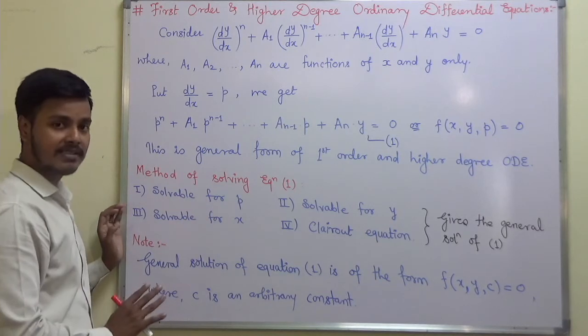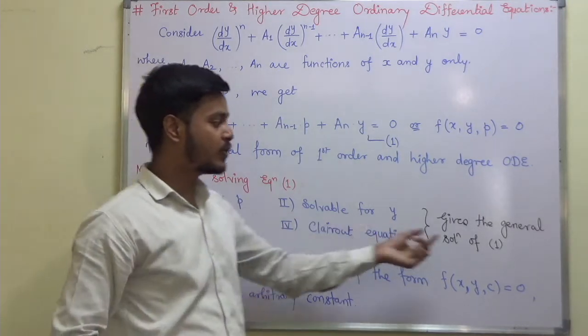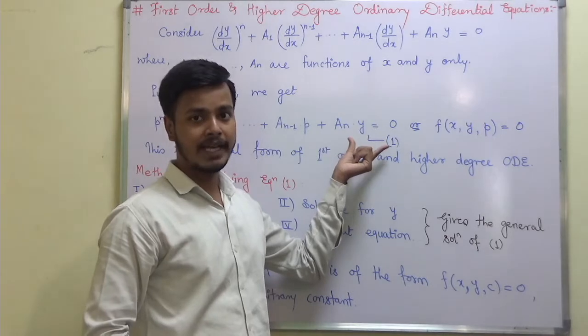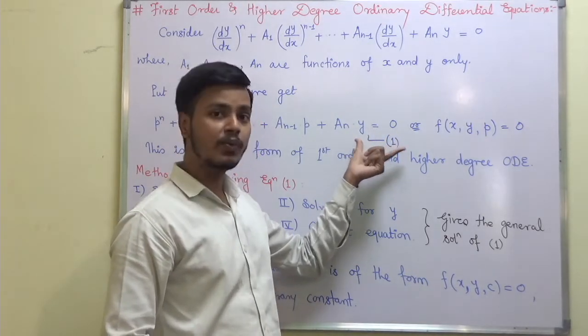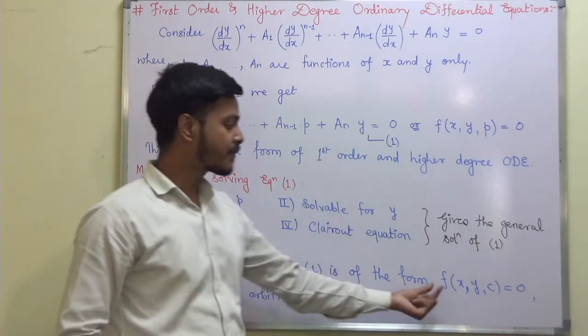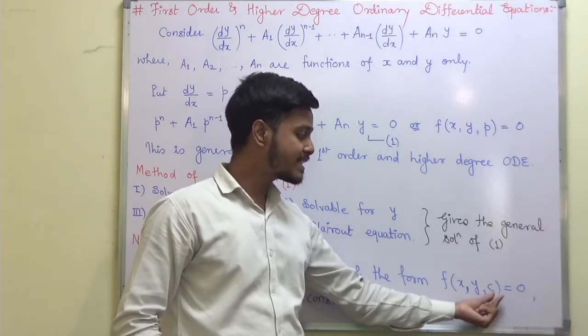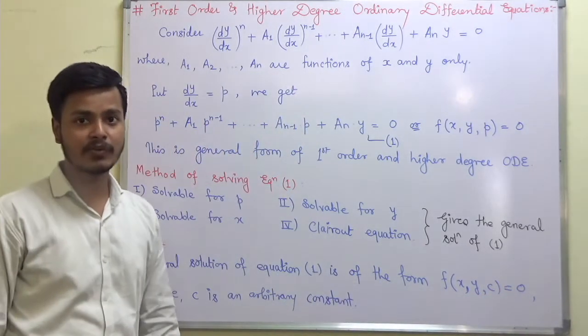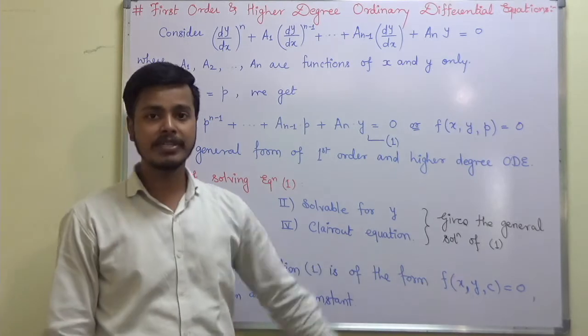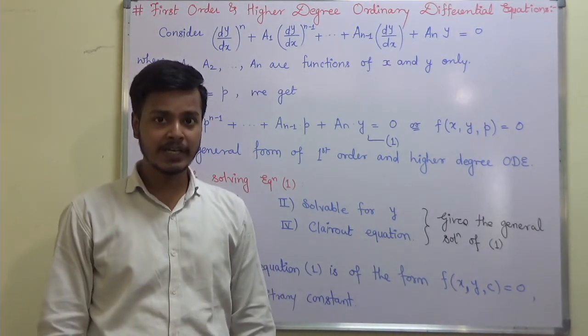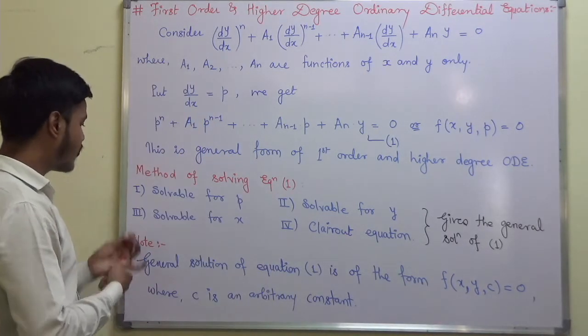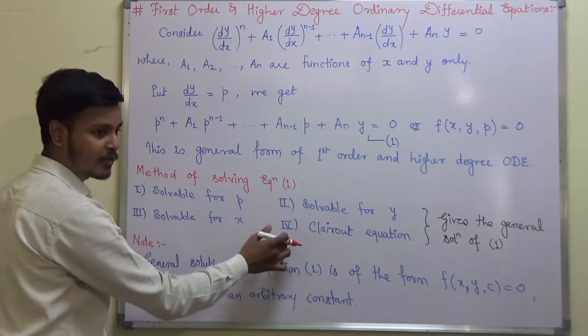These four methods give you the solution of equation 1, and the solution is of the form f of x y c is equal to 0, where c is any arbitrary constant.